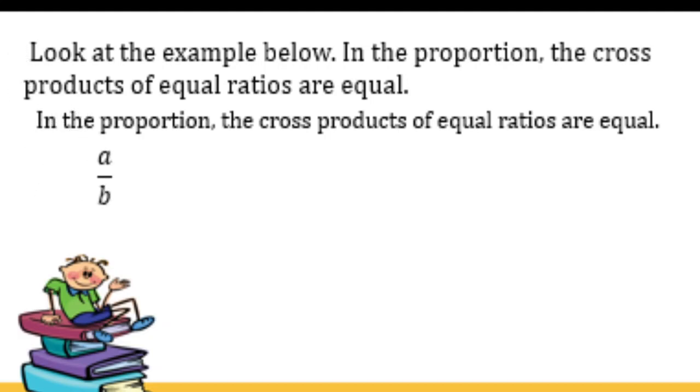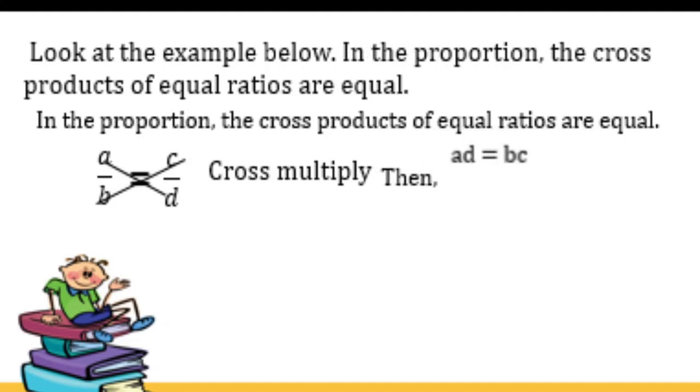You have A over B is equal to C over D. The cross product of A and D, once we multiply it, is equal to the product of B and C. Again, AD is equal to BC.